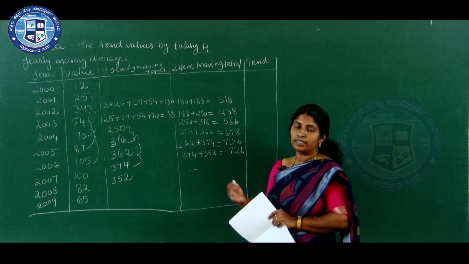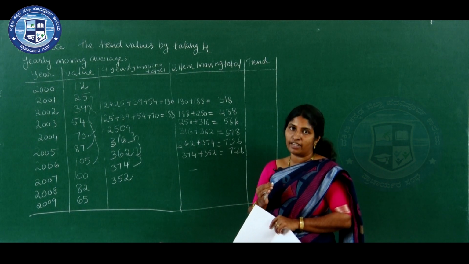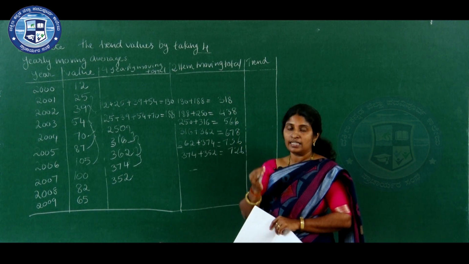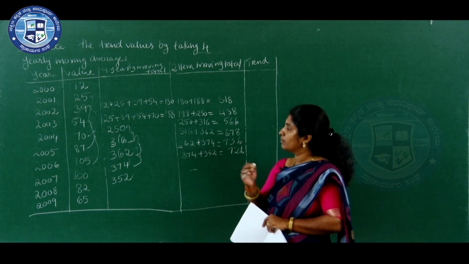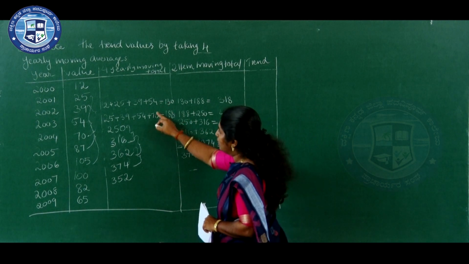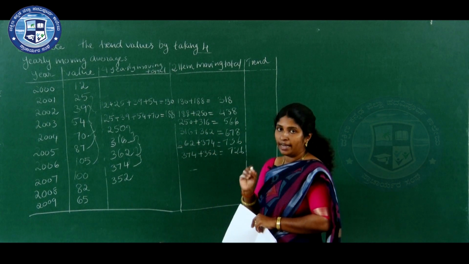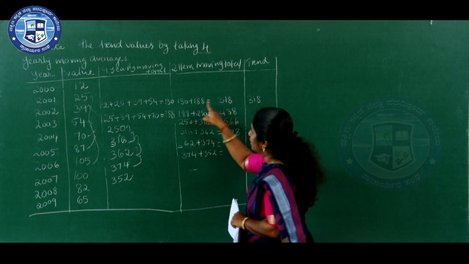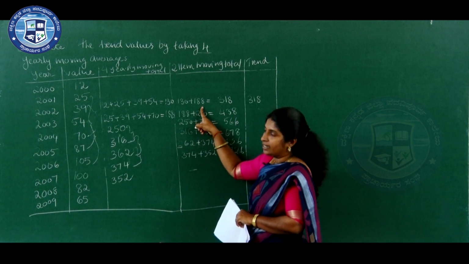That is the 2-item moving total, and last you have to obtain the trend values, that is the 2-item moving total divided by 8. You have to divide it by 8 because you are considering 8 values here, that is why we are dividing it by 8. That is 318. 318 means 130 plus 188.